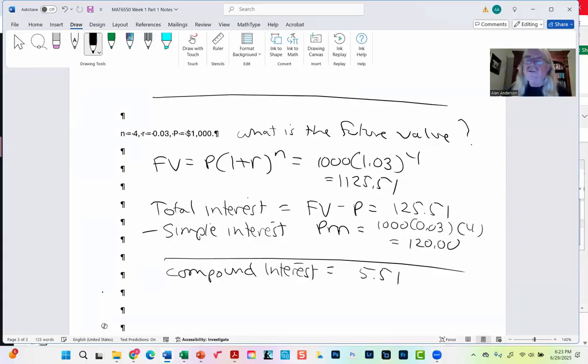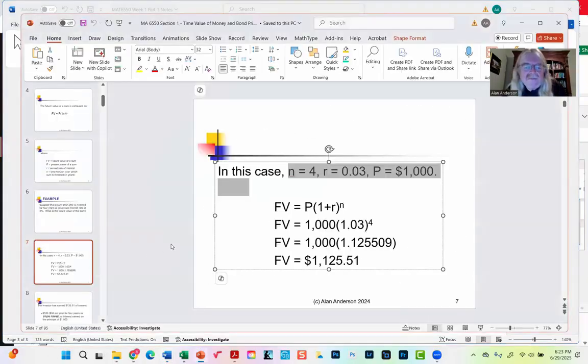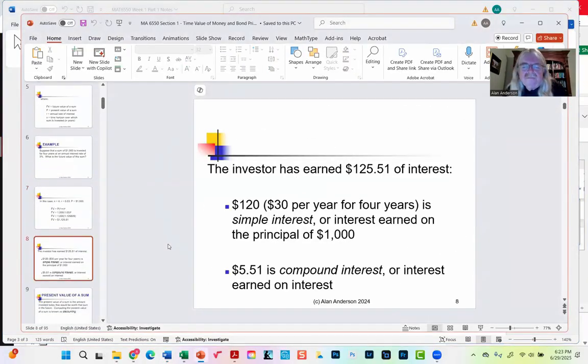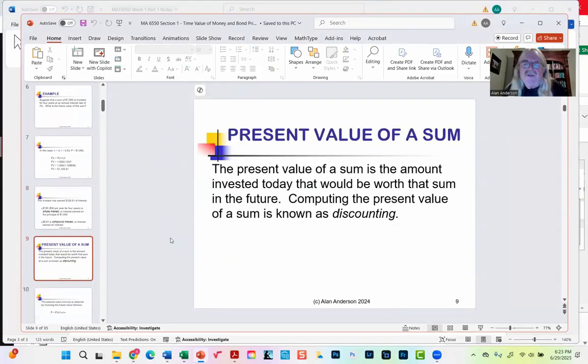And again, for such a short time frame, the vast majority of this interest is simple interest, but that will change over time. After enough time goes by, eventually it'll be the compound interest which is the majority of the rate of return. Okay. And then here, it discusses the difference between the two.